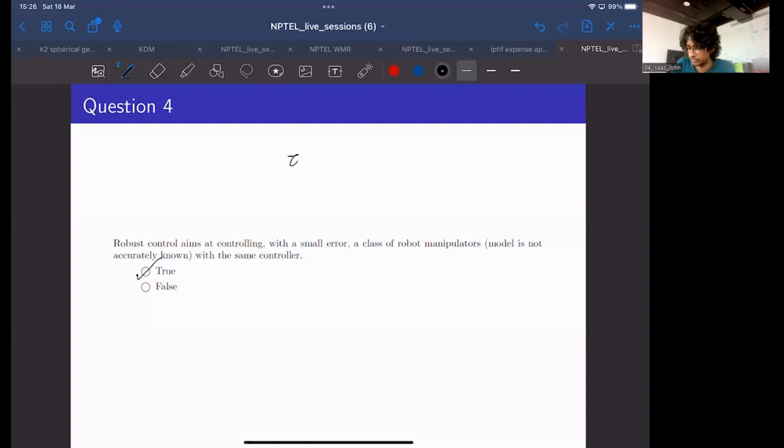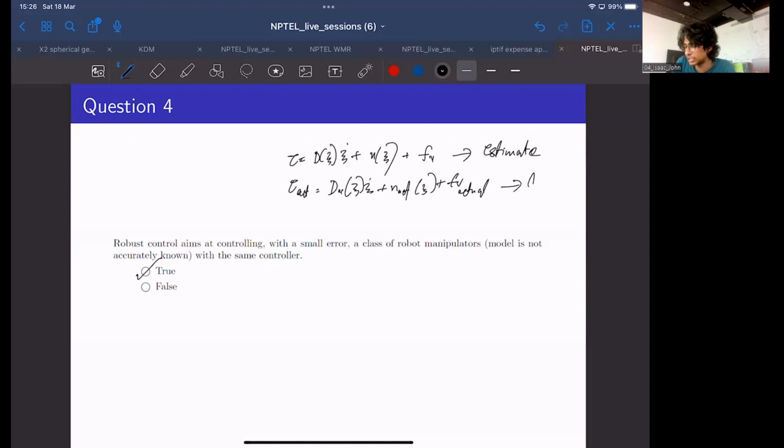If this is how the dynamic model looks like, d of theta theta double dot plus n of theta plus some frictional values, then the actual robotic system would have some d actual theta double dot plus n actual theta plus f actual. So this is what we estimate, and these are the actual parameters of the robotic system.